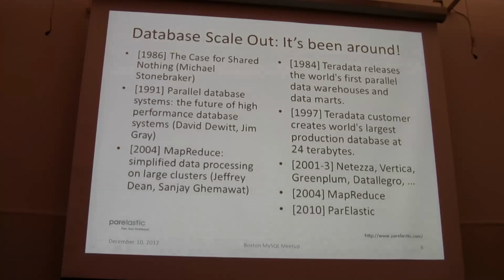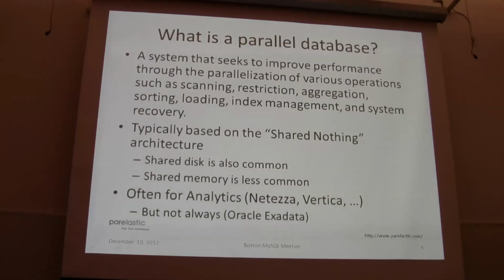So 1984 is the first one that I've been able to find, that's Teradata. And more recently, you've got a whole lot. Right around here, I know of at least 3 companies which have done something like this. I also included MapReduce because, in large part, MapReduce is a parallel database technique. It's not a relational technique, but it's a parallel technique. So this is not something brand new that you should be scared about.